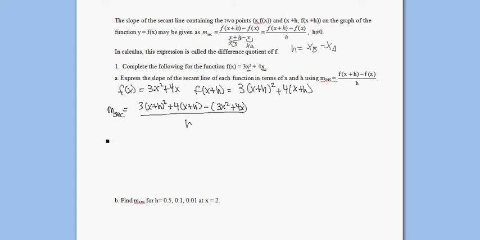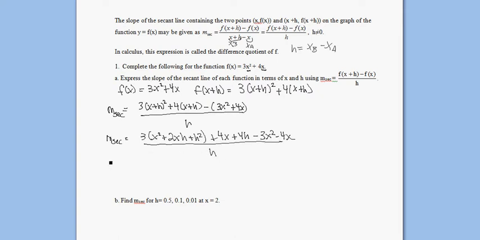So I'm going to square this right here. So this is 3 times x squared plus, when I square this, I get 2xh plus h squared. Plus, I'm going to distribute this 4x plus 4h, and I distribute this negative, 3x squared minus 4x, all over h.